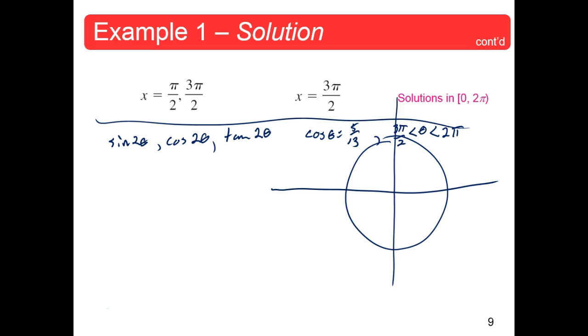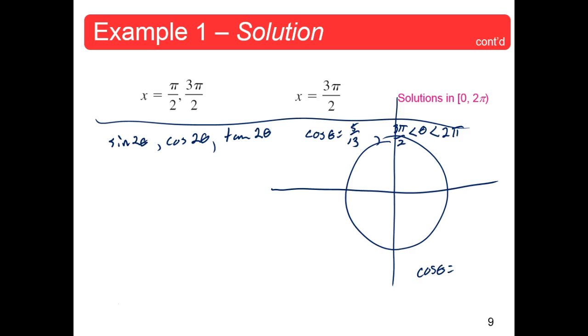And what else you know? What is cosine in terms of? Cosine is positive. Okay, you know that. But in terms of x, y, and r, what is cosine?